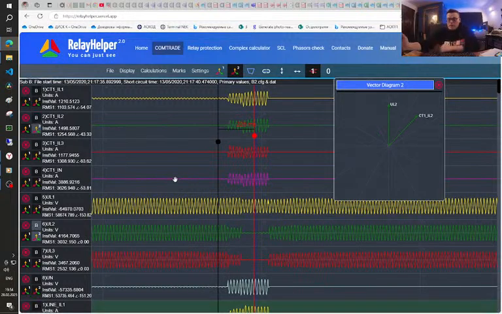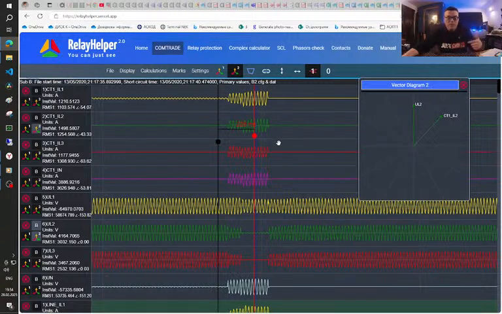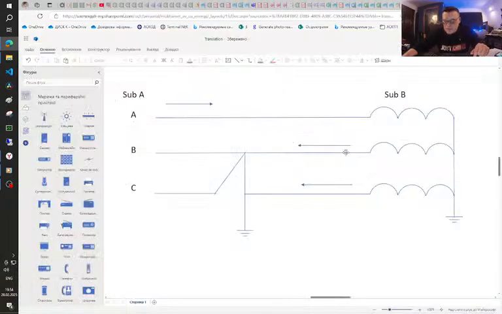Okay. This vector diagram shows that on phase B the power flows also from the substation, not to the substation. And let's see phase C, the same picture. So the real picture of the power flow that we see is something like that.